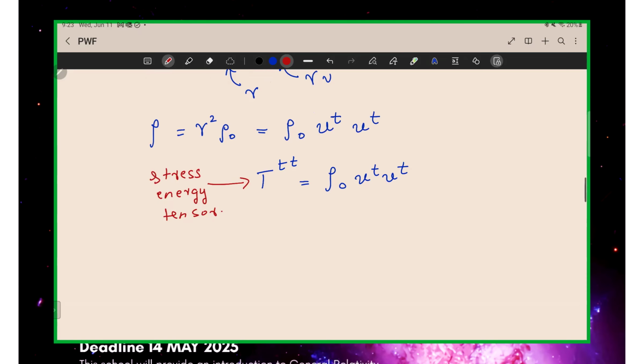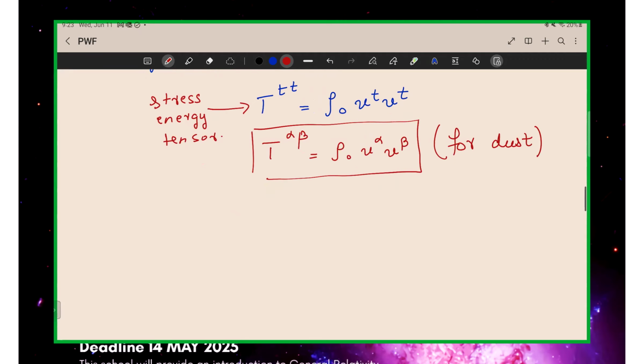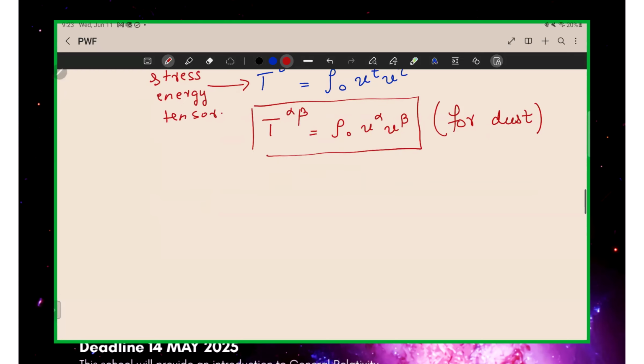If I generalize this expression to a full tensor expression, it will give me something like this: T^mu nu equals rho naught times u^mu u^nu, or let me use alpha beta, u^alpha u^beta. And this is the formula for the stress tensor for dust, right? I started with only the time component. What about the other components? Well, we'll see what is the meaning of the other components. But let me write down the whole expression for the stress tensor now.